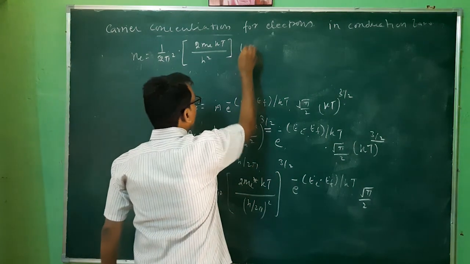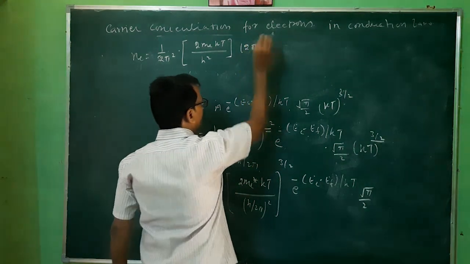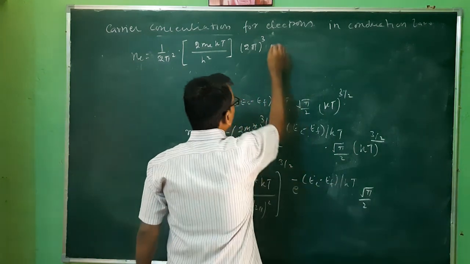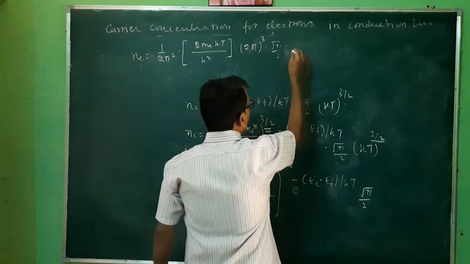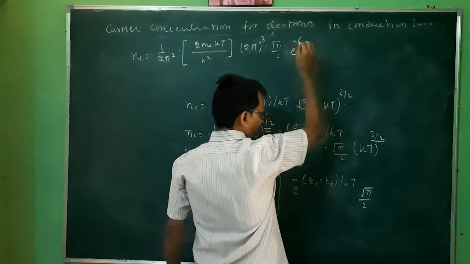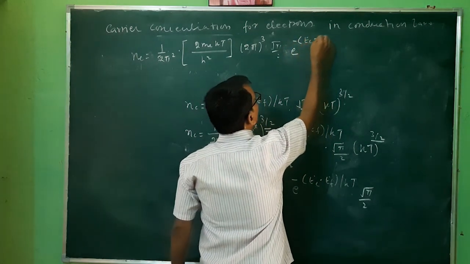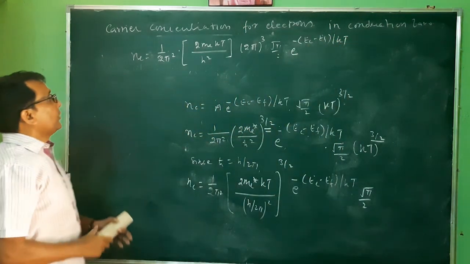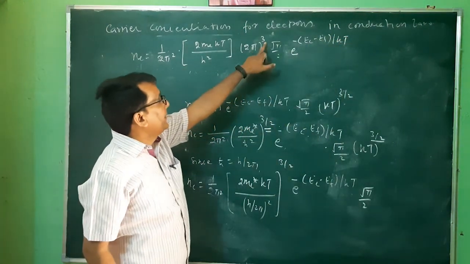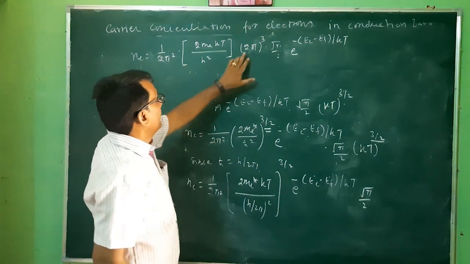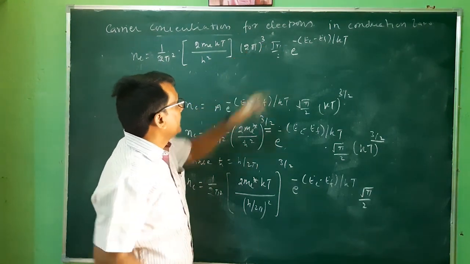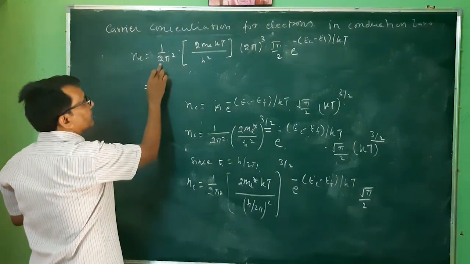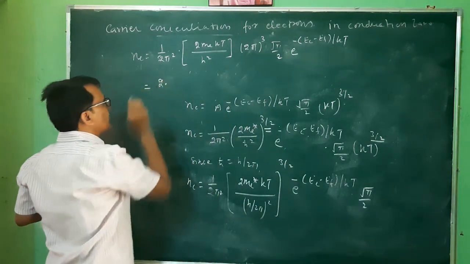So this will be 2 pi cube, and this pi term is here, root of pi by 2, exponential of minus (Ec minus Ef) by kT. So here this is pi square, here this is pi cube, this is 2 cube, and there is another 2 here, so this is 4, this is 8, so this is 2 times.